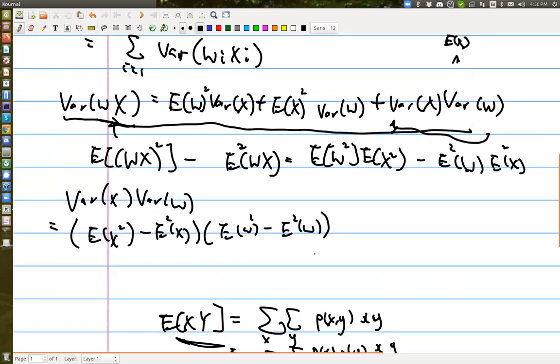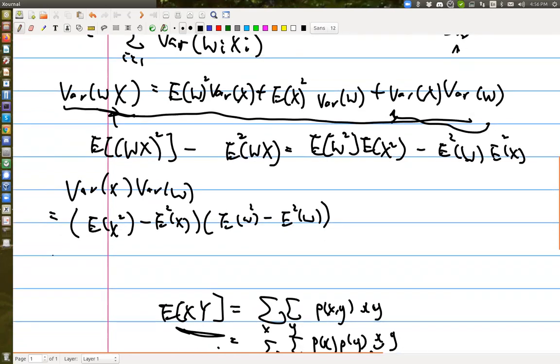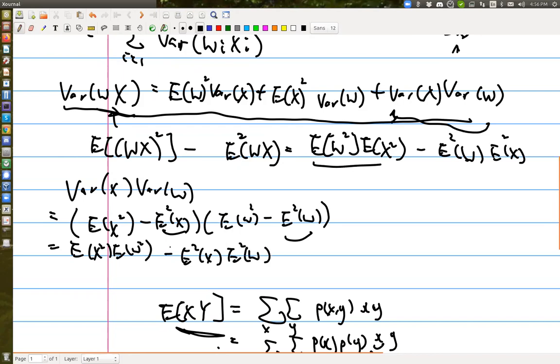If I expand that out, I have the expectation of x squared times the expectation of w squared. So this term is the same, that's good. Then I also have this one here, the square of the expectation of x. This will be plus sign.